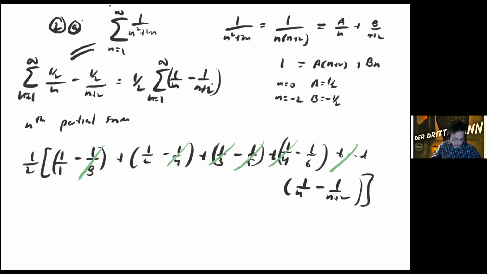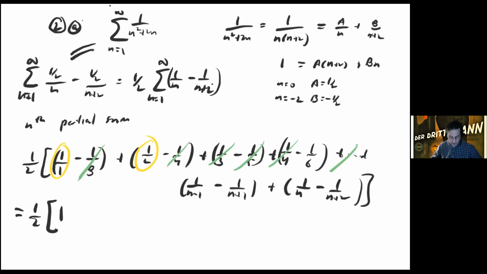So what do I mean by that? This is going to be equal to, you can check this yourself, 1 over 1, this 1 over 2, and then there's a term. Let me write the previous term that comes in before the last term. It would be 1 over n minus 1 minus 1 over n plus 1. You can see that this 1 over n here canceled with the term that came before it.